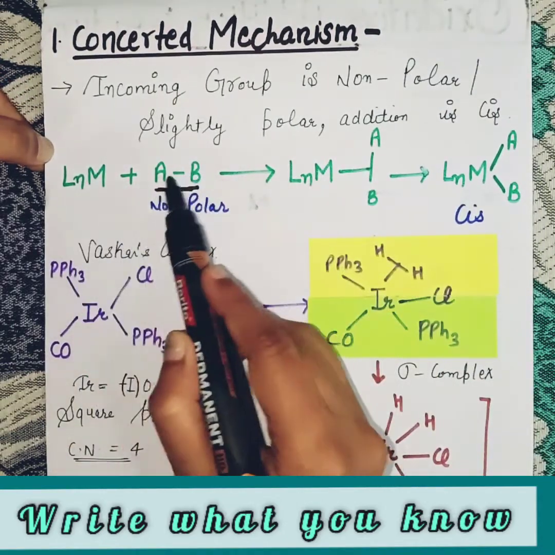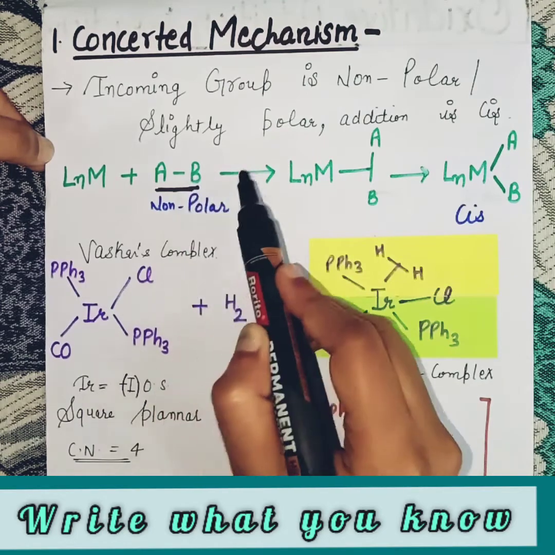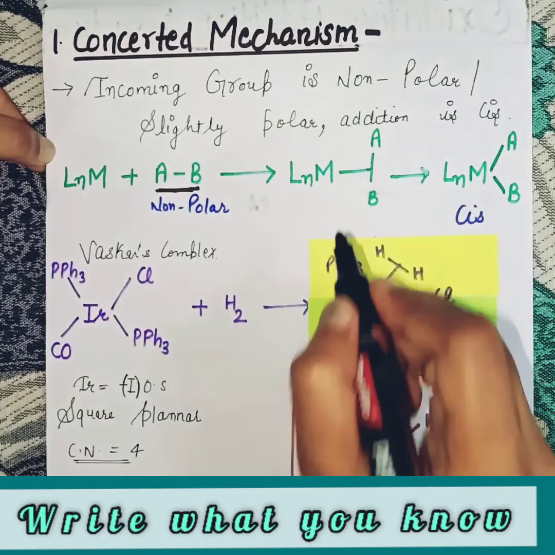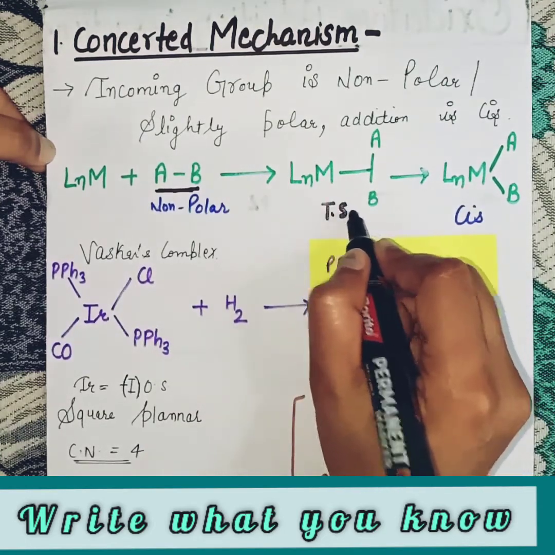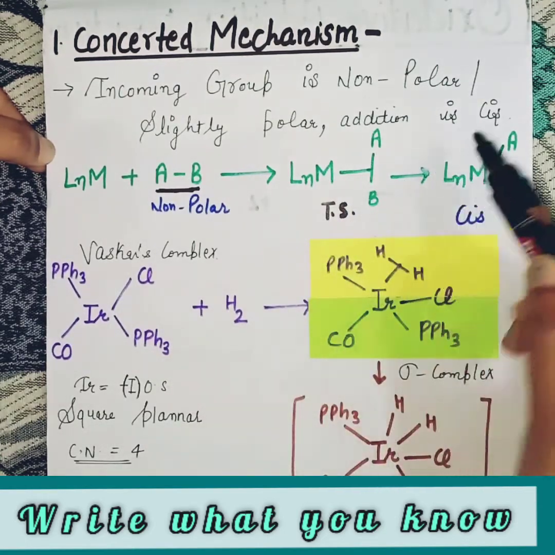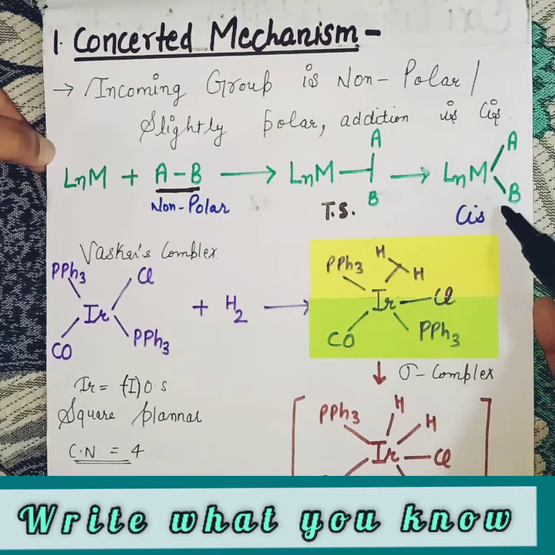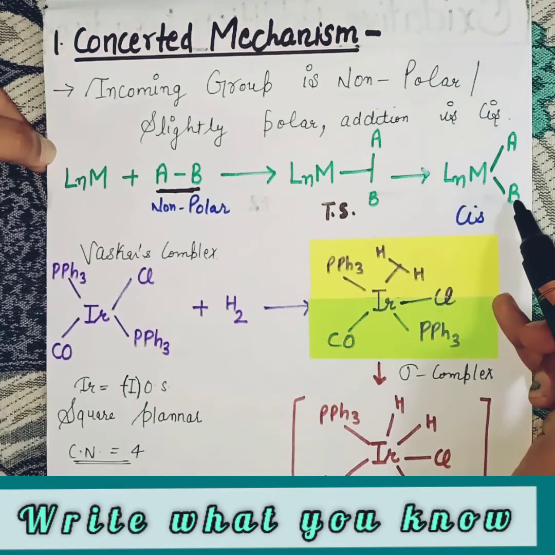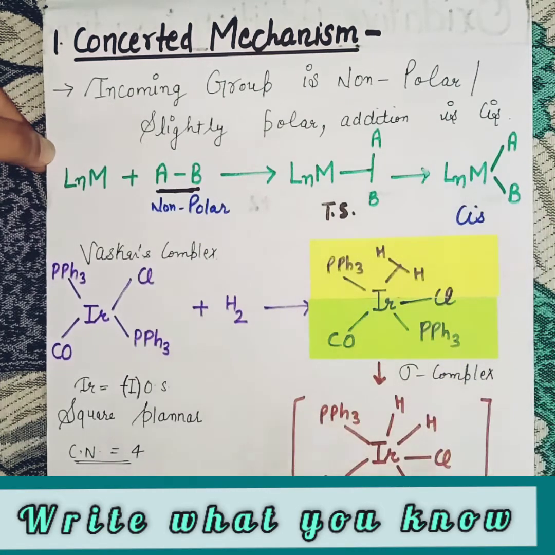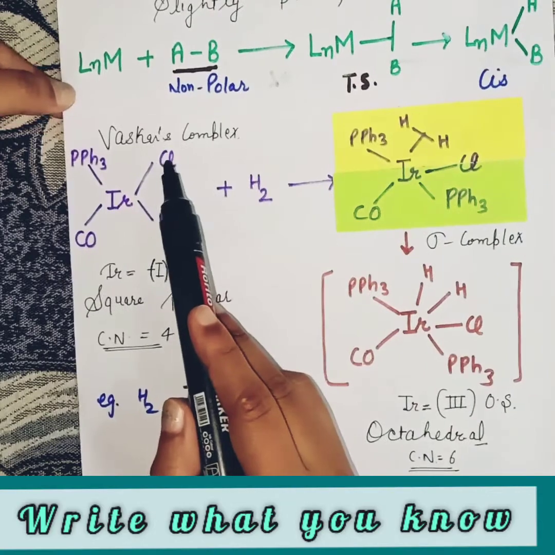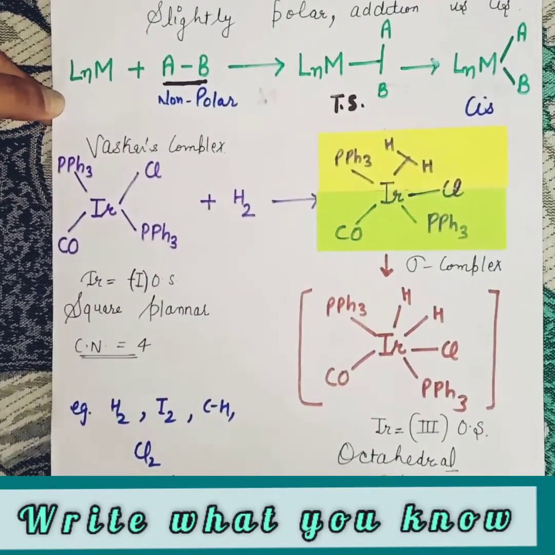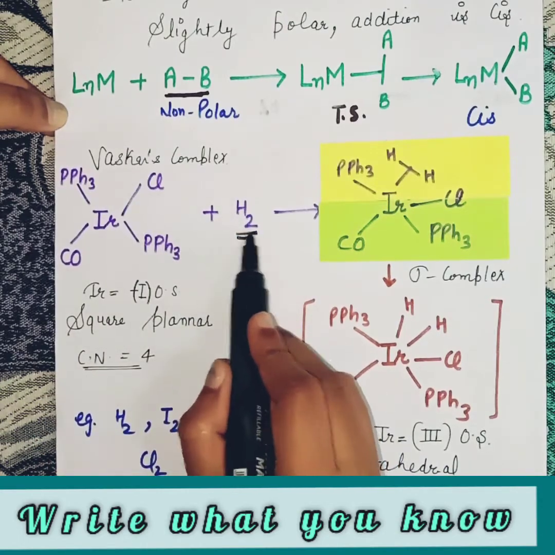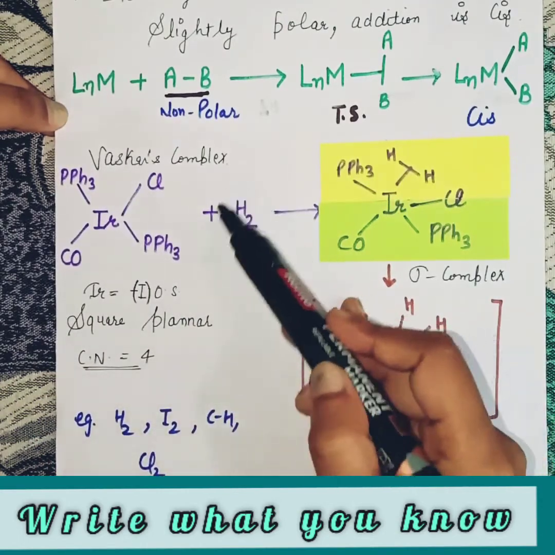So in this complex, the non-polar group AB adds in one step in this way, through this transition state. After that, one bond is broken and two bonds form with the metal atom, and this is cis addition of the incoming groups. For example, Vaska's complex, which is an iridium complex. On addition of H2, which is also non-polar, it adds to cis positions.